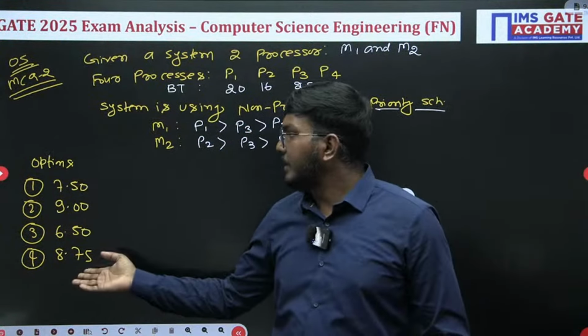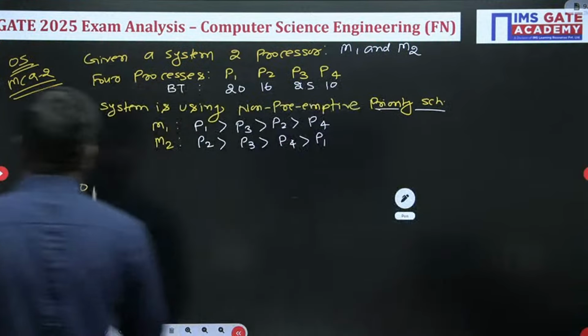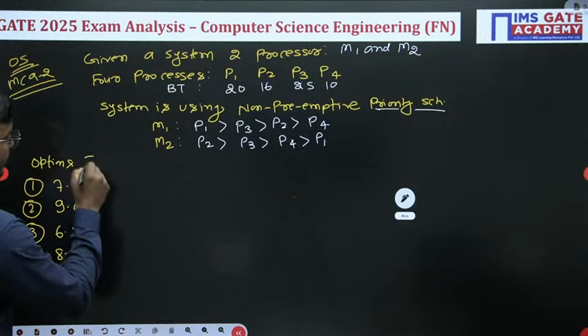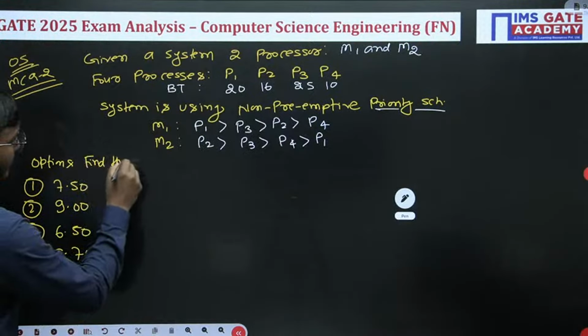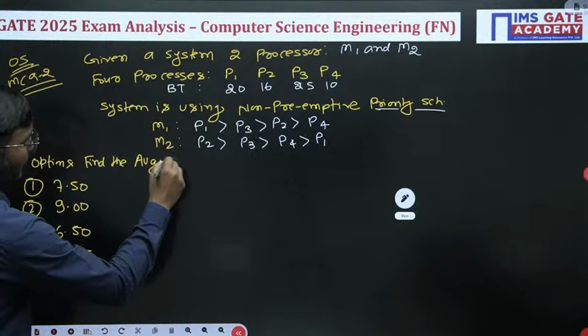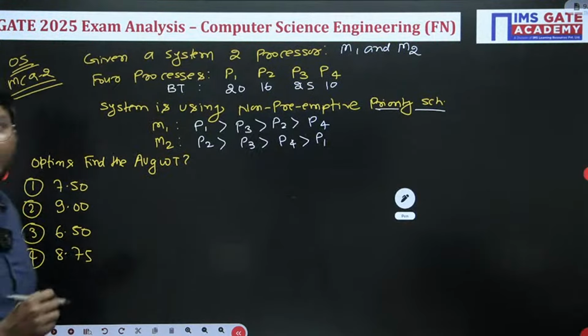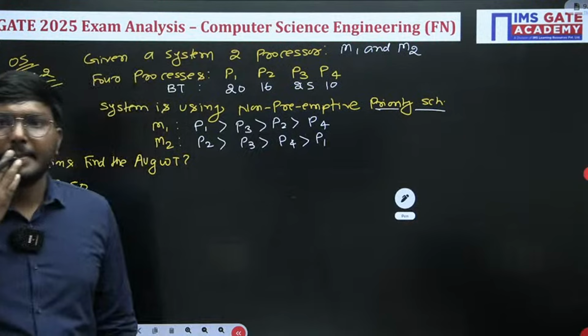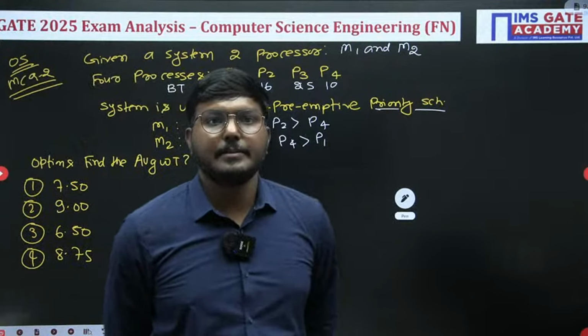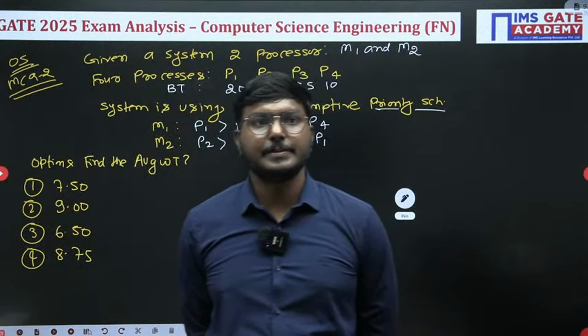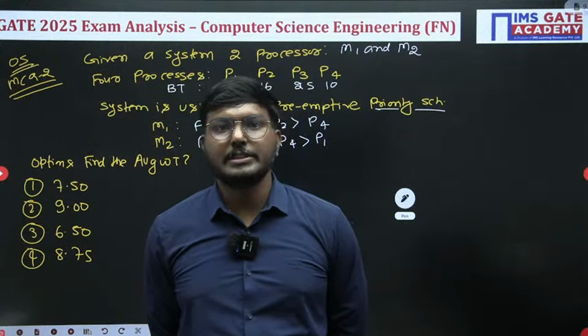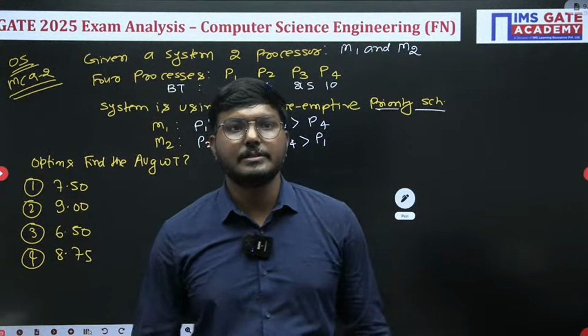Options are given in milliseconds. The question asks to find the average waiting time. So can anyone answer this question? Have you attempted this question in the examination? Please confirm the answer, solution.